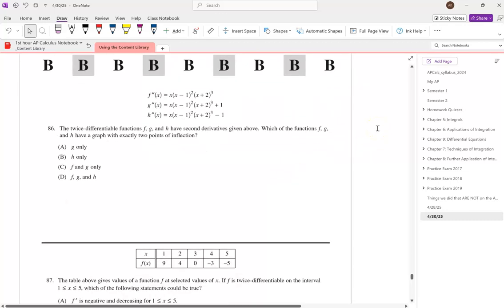All right. The twice differentiable functions f, g, and h have second derivatives given above. Which of the functions f, g, and h have a graph with exactly 2 points of inflection? When we talk about a point of inflection, we're talking about the second derivative changing sign, right?